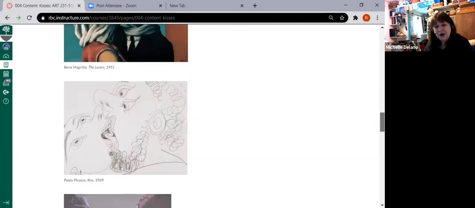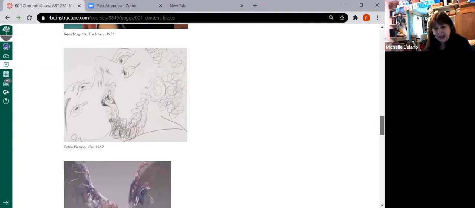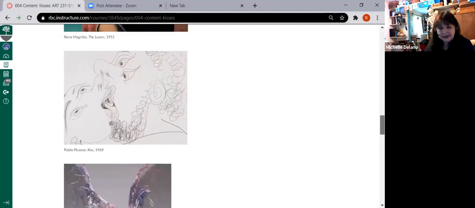All right, so on this one, I'll help you out with this a little. Even though Picasso is very famous, and justly so, I really think this is a gross drawing, and I chose it on purpose because it looks like they're just licking each other, like it looks really biological and sloppy.